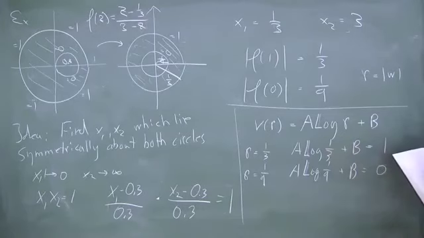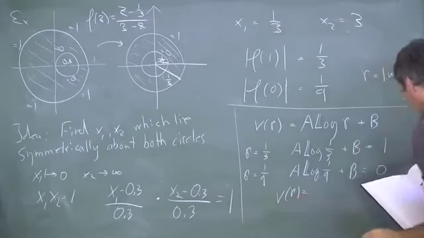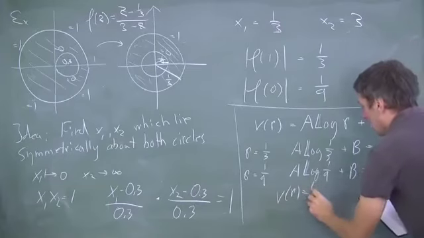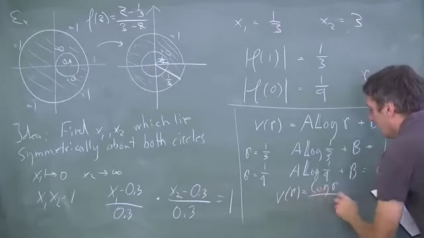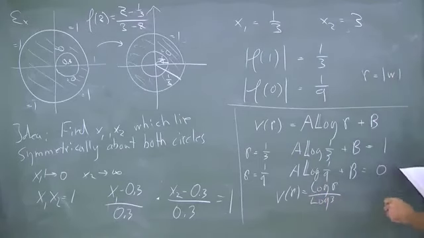And these equations are very easy to solve. So what you get is that u of r is equal to the logarithm of r divided by the logarithm of 3, plus 2.